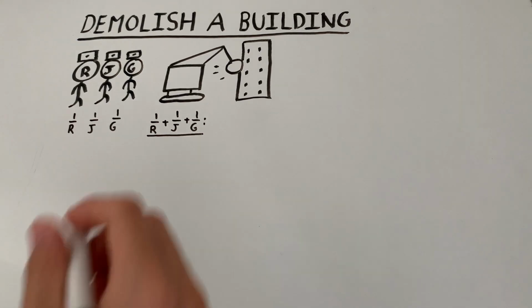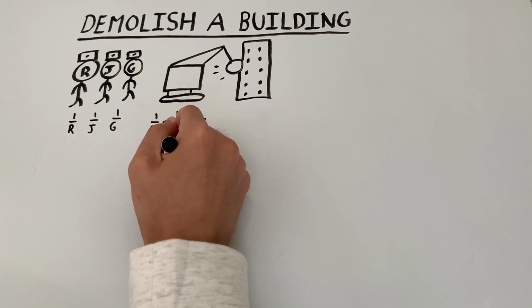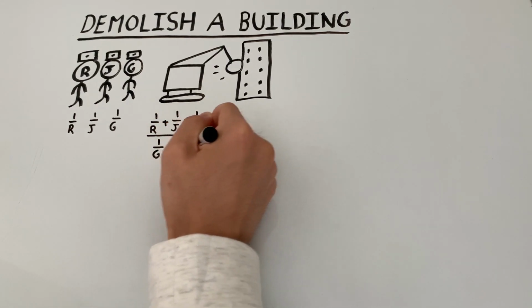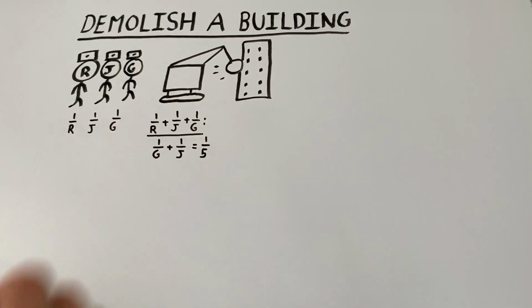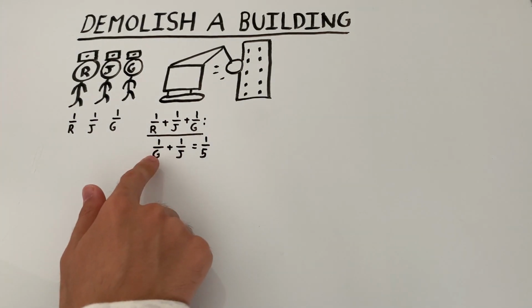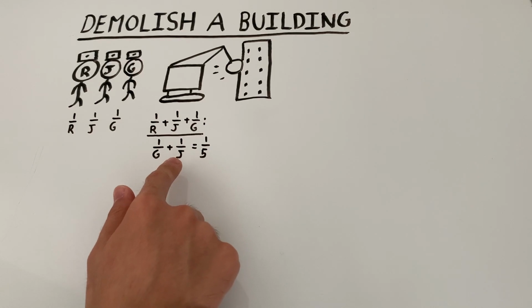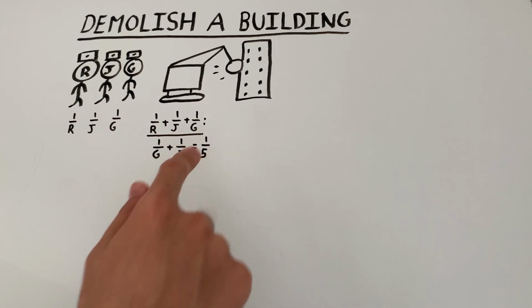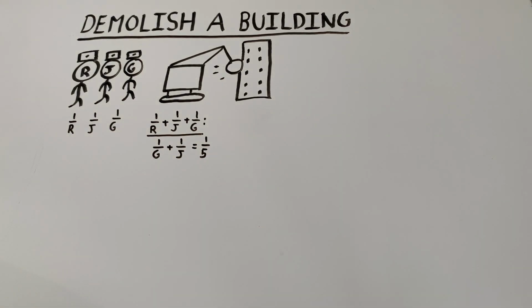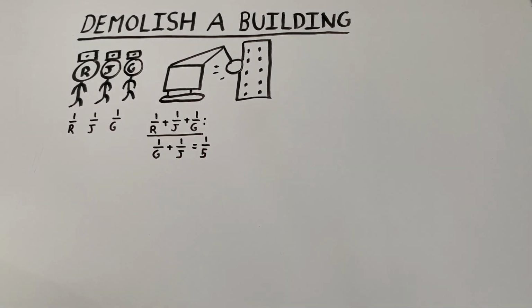So then we would have 1 over G plus 1 over J equals 1 over 5. Because this is how much work George gets done each day, this is how much work John gets done each day, and together we know that they destroy 1/5 of a building each day. So this is why our first equation is true.